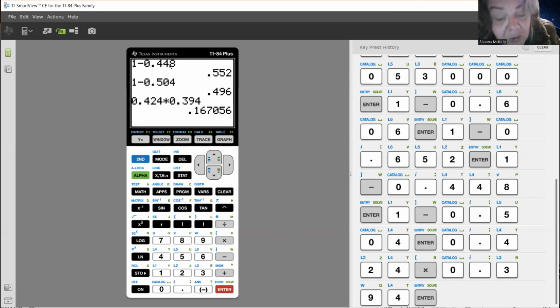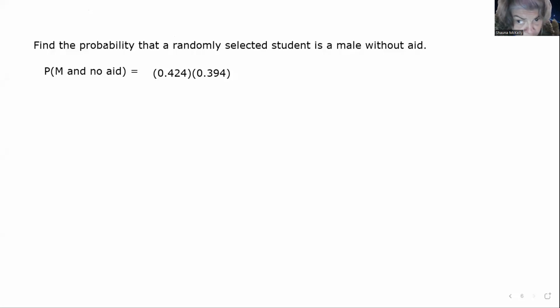So now this is equal to 0.167, or about 16.7%.